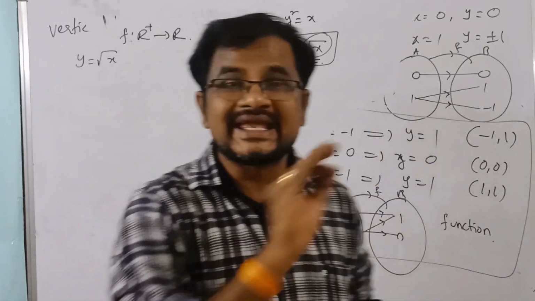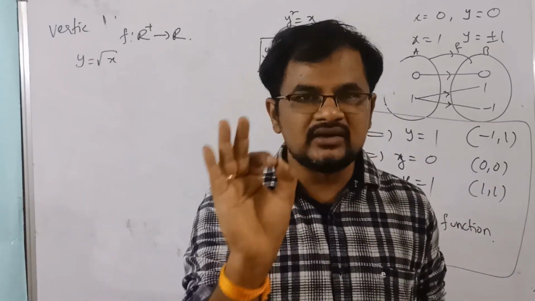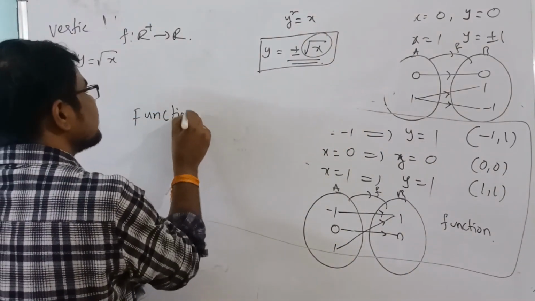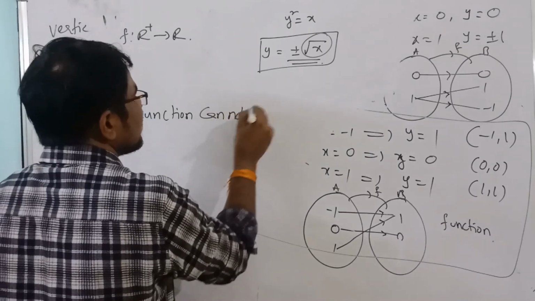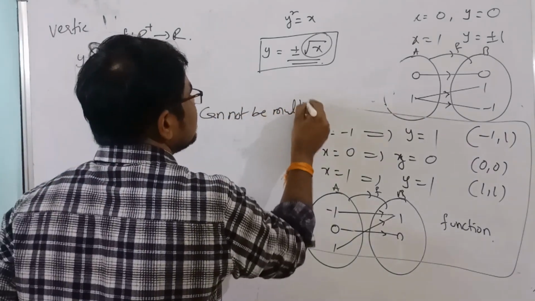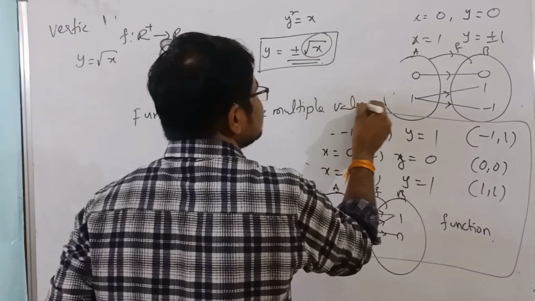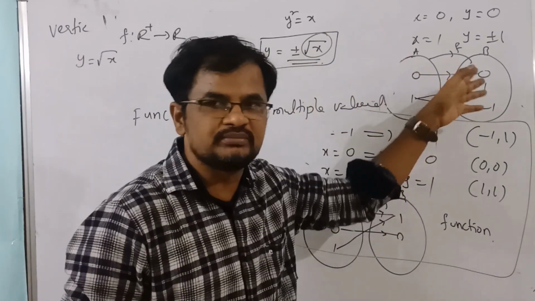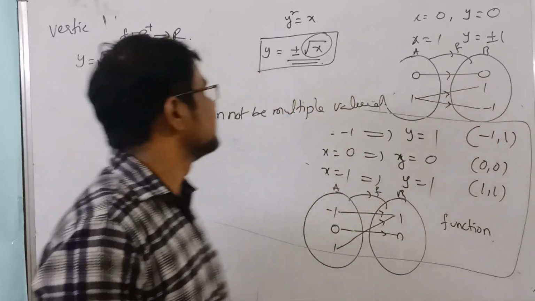A function cannot be multiple valued. This is most important. Function cannot be multiple valued, because for one element one image should be there.